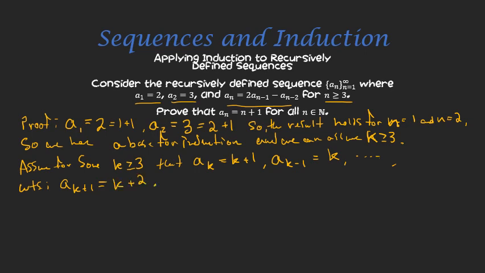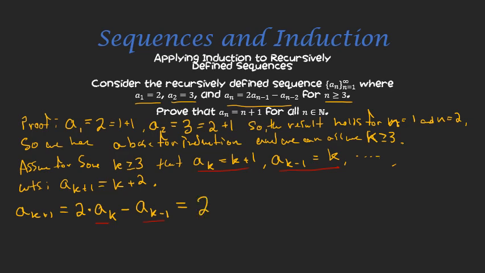So let's try and do that. Well, a_{k+1}, let's use our recursive definition, is 2 times the previous term, 2 times a_k, minus a_{k-1}. By induction, we know what those are. a_k is k plus 1 and a_{k-1} is k. So, right, we get to use both of those with strong induction.